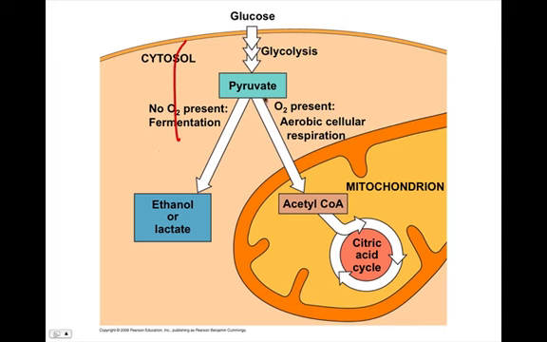Here it's showing that in the presence of oxygen, cellular respiration takes place in the mitochondria. In the absence of oxygen, pyruvate takes an alternative pathway, and through a couple more chemical reactions is broken down to either ethanol with the release of some CO2. Ethanol is a 2-carbon alcohol.